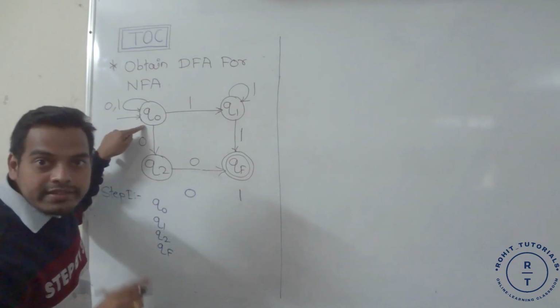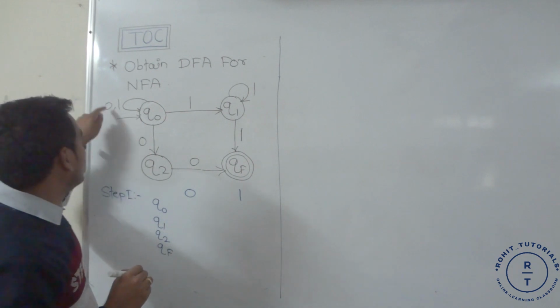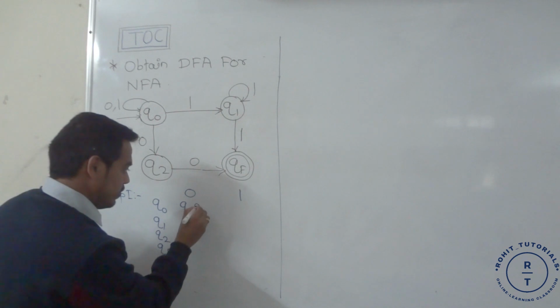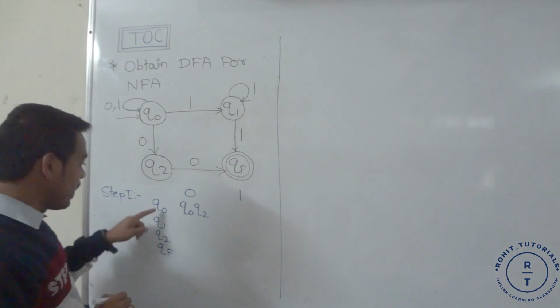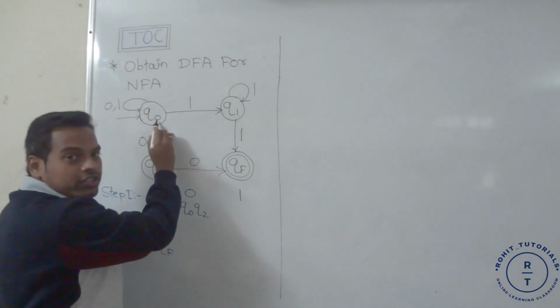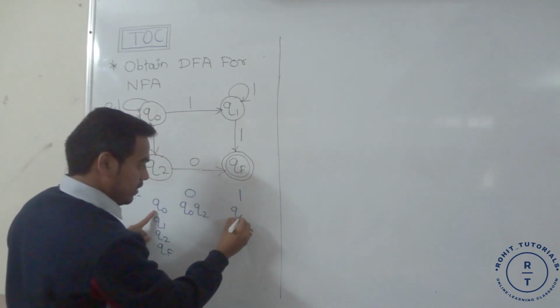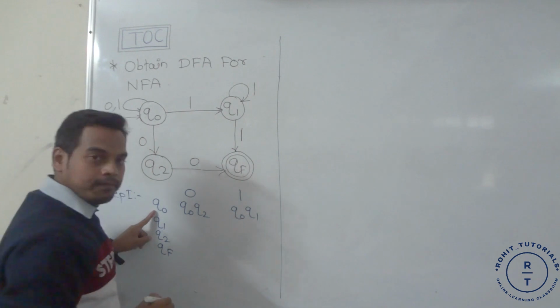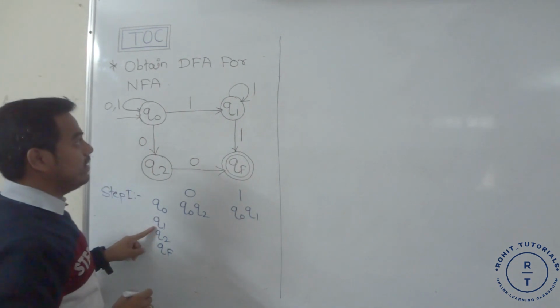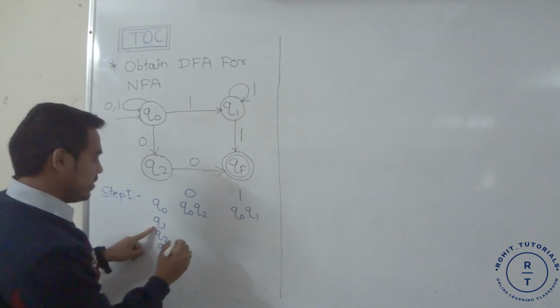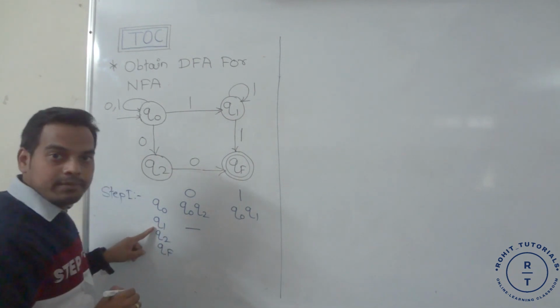At Q0 state, suppose 0 input occurs, it goes to self loop Q0 and Q2. At Q0 state, 1 input occurs, it goes to self loop as well as to Q1, that is Q0, Q1. Next at Q1 state, there is no 0 input transition, so here a dash is present.